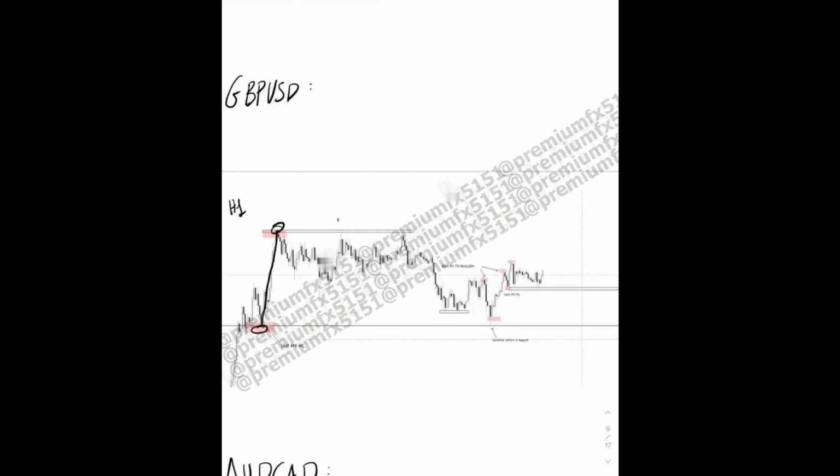Everything inside is gonna be a complex pullback, and the reason is because these levels here that were creating new higher highs compared to my last one, they were not creating a new higher high compared to the true higher high, which is this one.